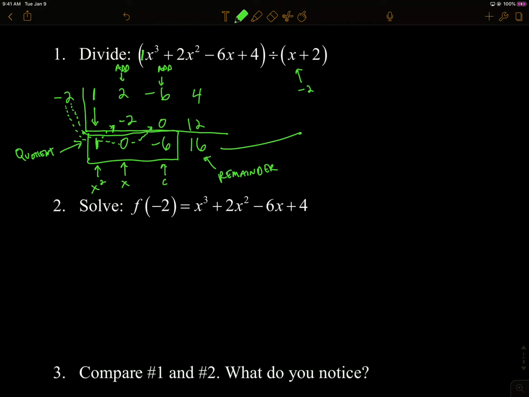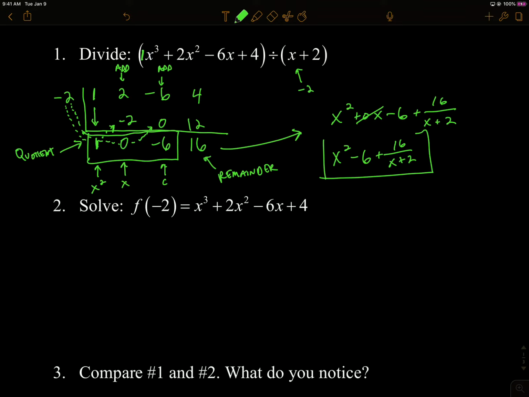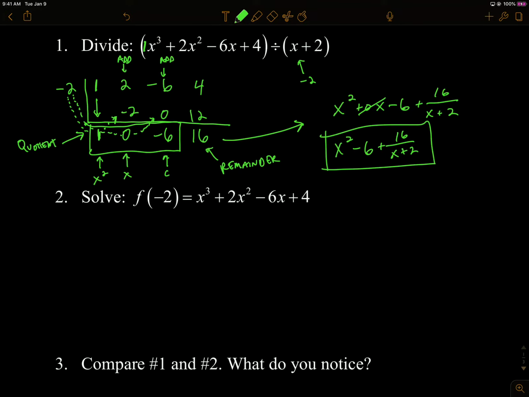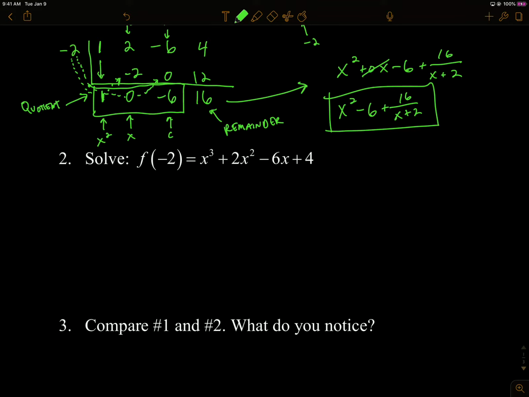So I can write the answer out as 1x squared plus 0x minus 6 plus the remainder over the divisor. So you just did a bunch of practice on that. Lastly, I don't need to show the plus 0x, so I can have x squared minus 6 plus the remainder over the divisor. All right, so that's a review on how to do that.